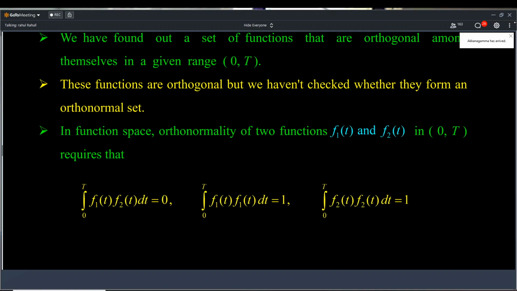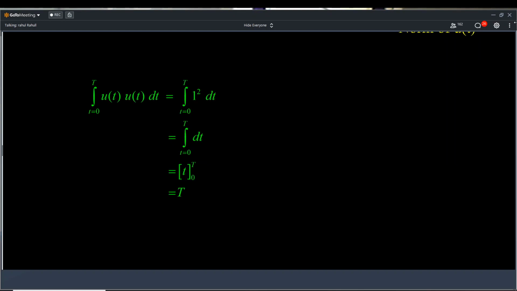Sines and cosines are orthogonal, definitely, that we have proved, but we have not checked them for orthonormality.